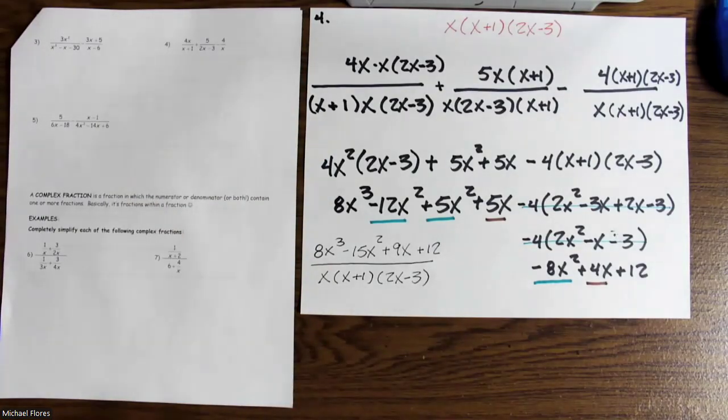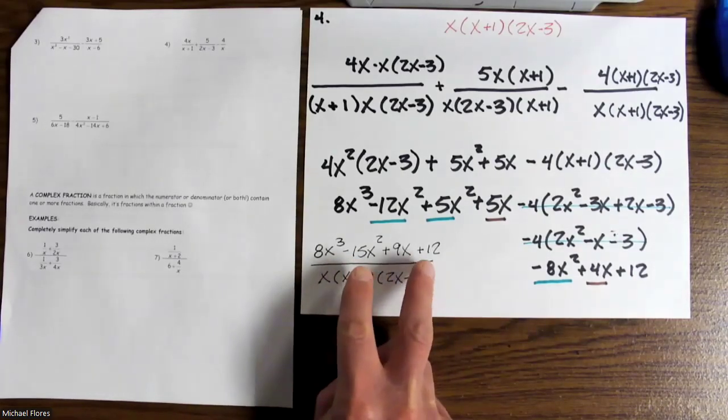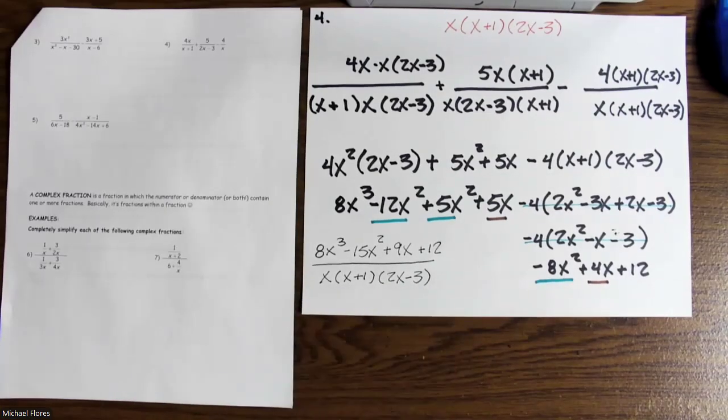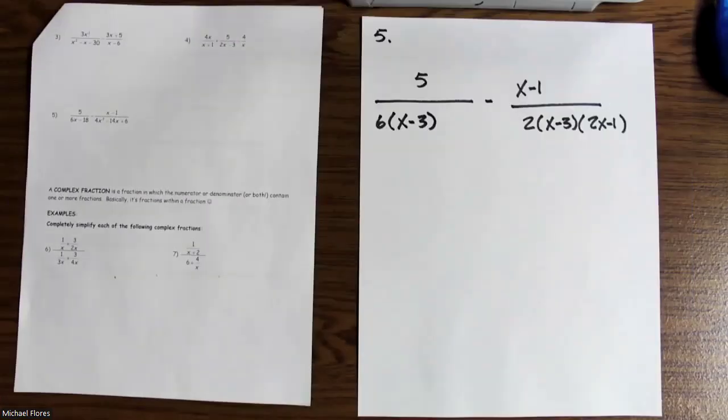Now, here's what you would also want to do, which I really haven't been doing up to this point. You want to simplify the numerator once you're finished to see if there's any more canceling or reducing that you can do. But none of our problems would be reducing up to this point, which is why I haven't been checking. This right here is your final answer for example 4.